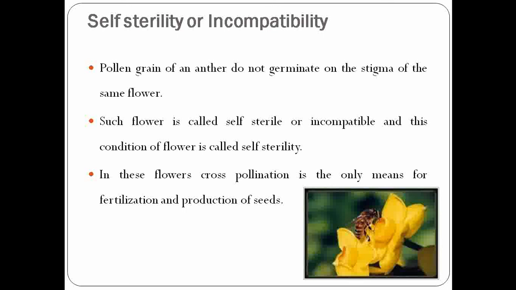But when those same anthers fall on the stigma of another plant, then fertilization can take place. This concept we call self sterility or self incompatibility. So in this situation also there is a chance of cross pollination, and self pollination cannot take place.